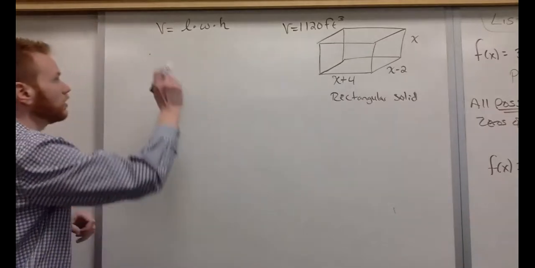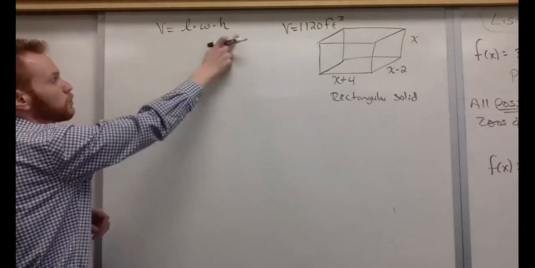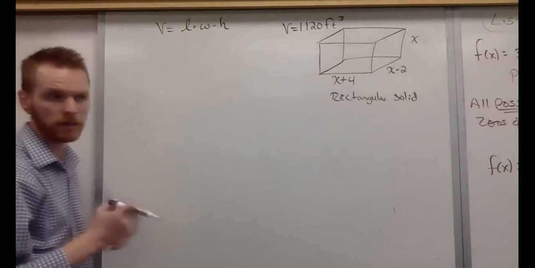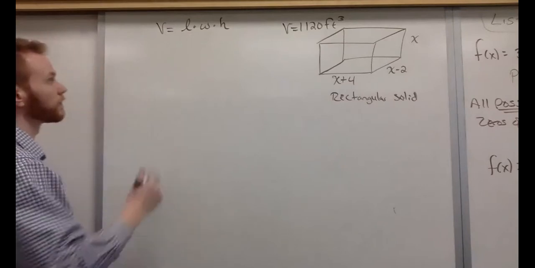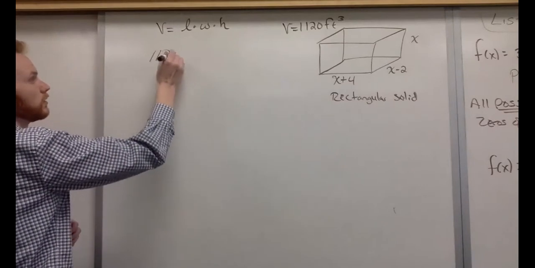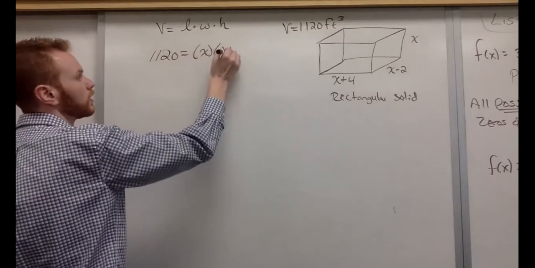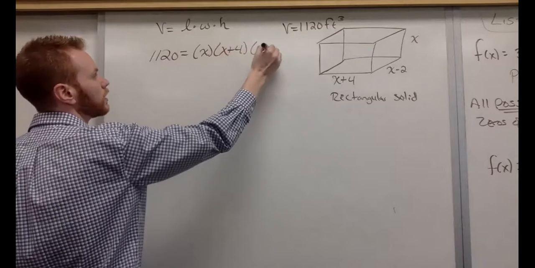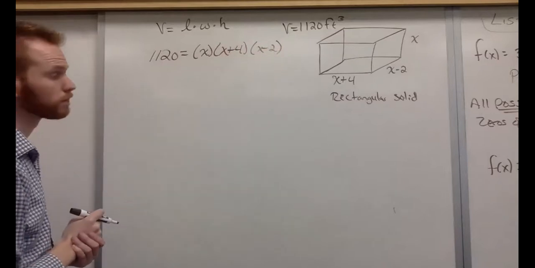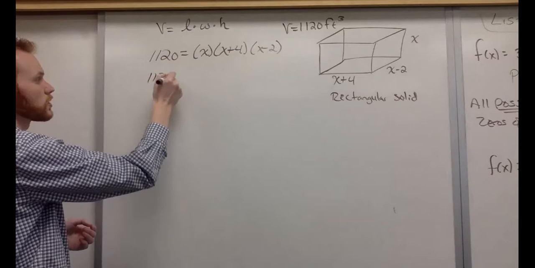Volume is equal to length times width times height for any rectangular solid. So let's go ahead and plug the values in.